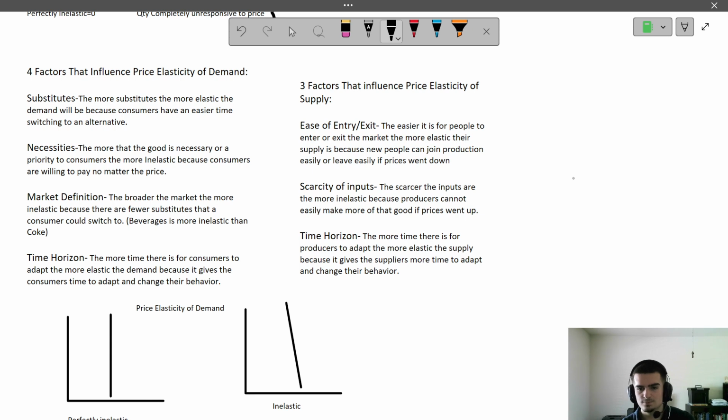The supply of land is inelastic because there's only so much land in the world, and it's pretty hard, if not impossible, to make new land, right? So we're kind of stuck with what we got. The inputs for that are pretty scarce, so that's why it has an inelastic supply.